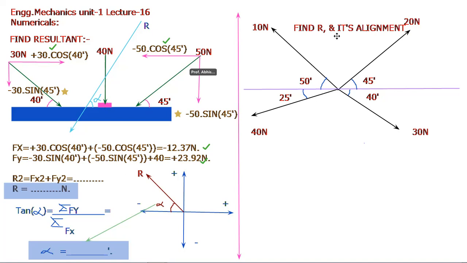Alignment means in which quadrant the resultant is lying. That you have to find. So how you will find it? Solution.